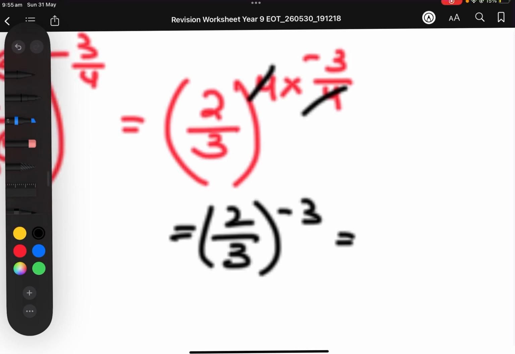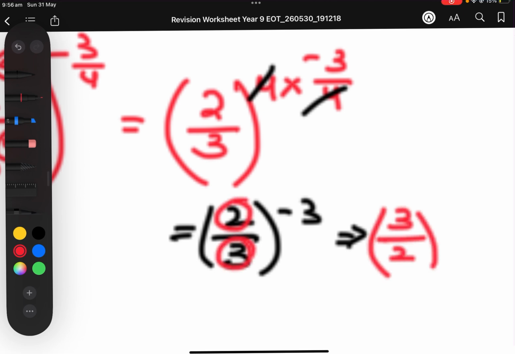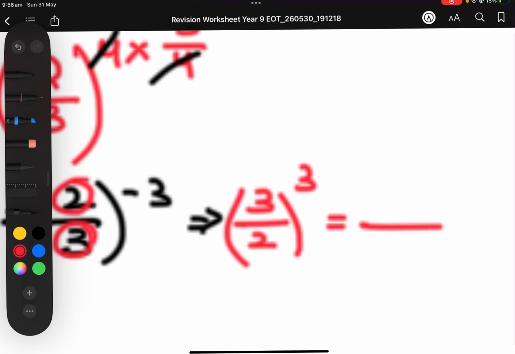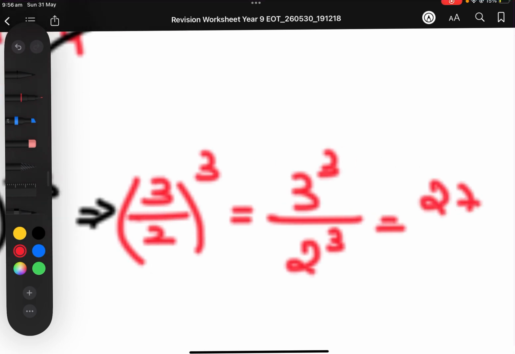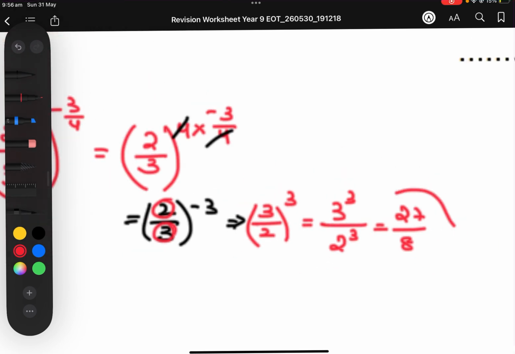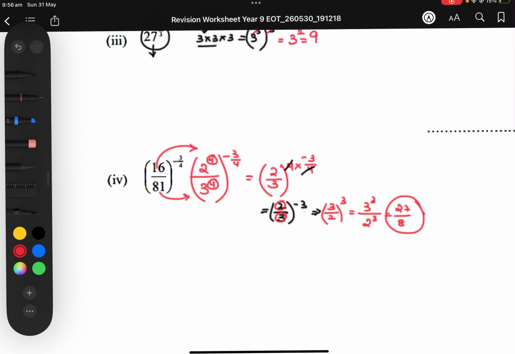So negative power means change the things. The base you need to change upside down. 3 by 2 it becomes, and we are left with a cube. Now 3 cube over 2 cube it becomes. 3 cube is 27 and 2 cube is 8. So 27 over 8 would be the answer here that you would be writing.